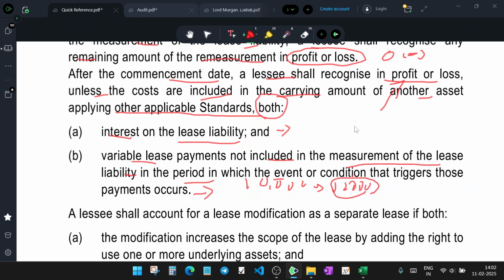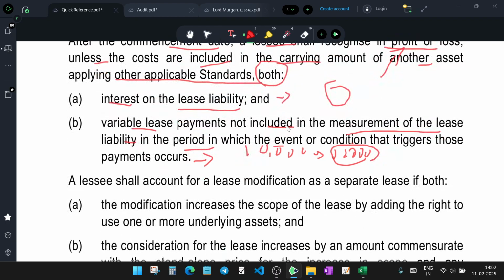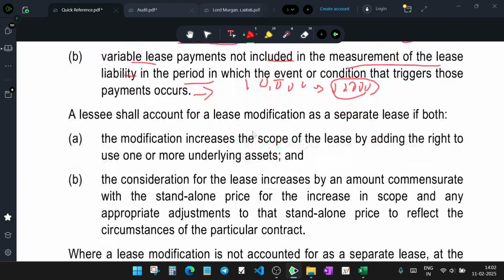Now the difference from the right of use asset is totally different from the actual payment, so the difference should be charged to the P&L account. Or, I thought 10,000, but now I'm using only 5,000. Then the measurement is totally different, and that change is also to be carried to the P&L account.